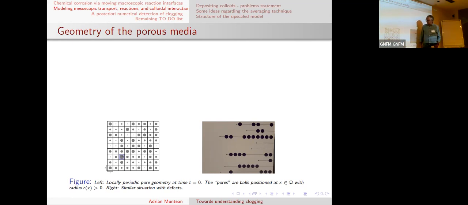What is important in this picture is that there is some variability in the domain. Even if they all look the same on this wall, depending on where you look, here or there, the local situation is slightly different. What I'm going to present today, I assume I know what happens.